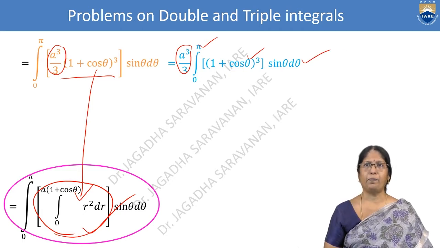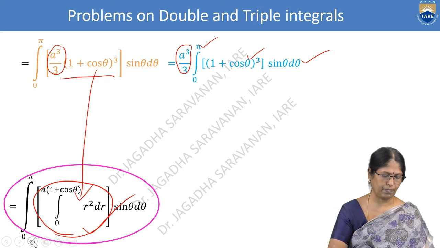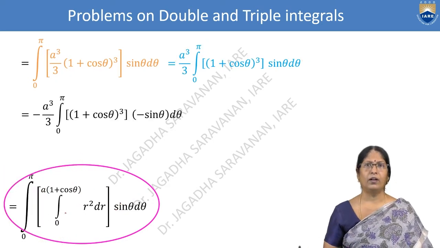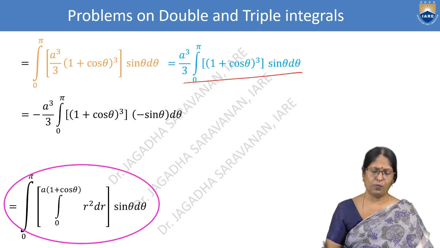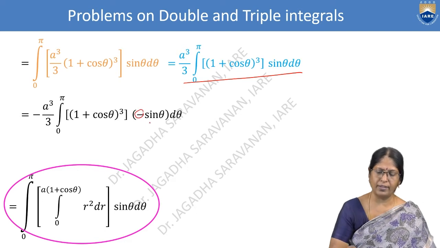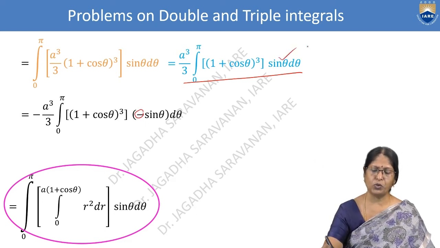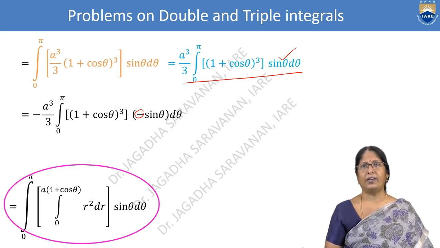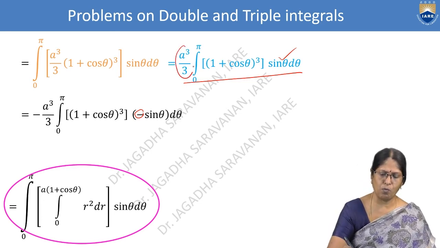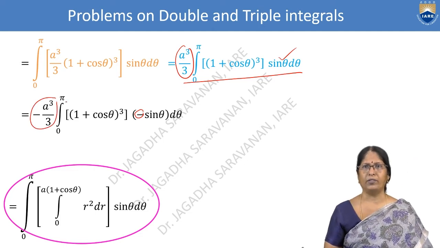The next step is, so we can see here, this is the previous step. Here we notice one minus sign. Before, it was only sin theta, whereas in the next step the sin theta has become minus sin theta, and a cube by 3 has become minus a cube by 3.